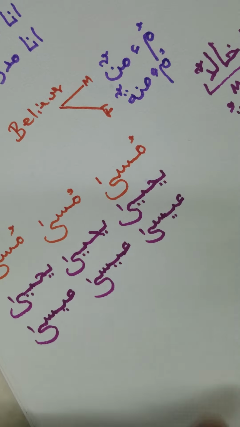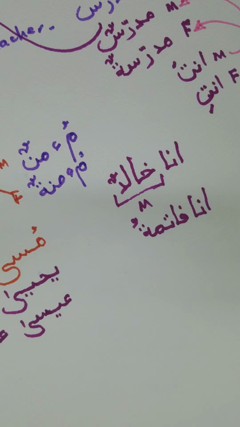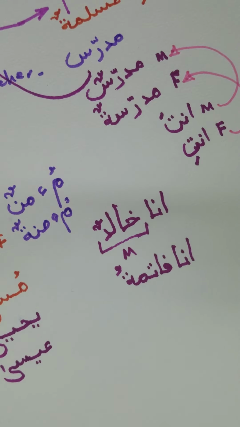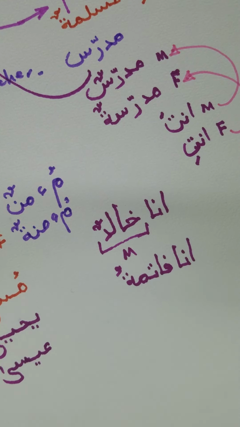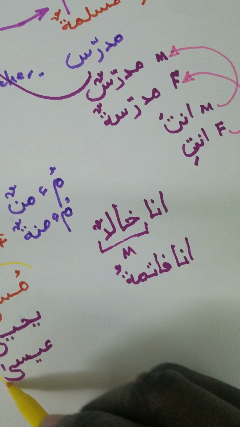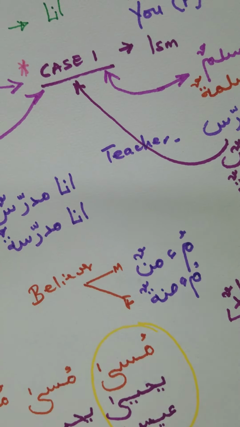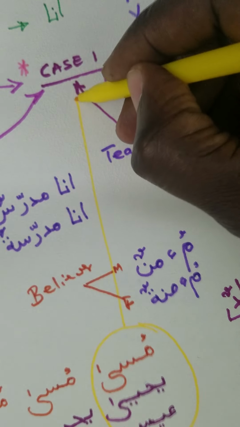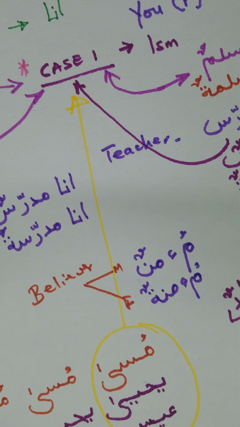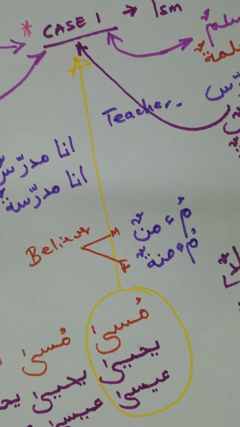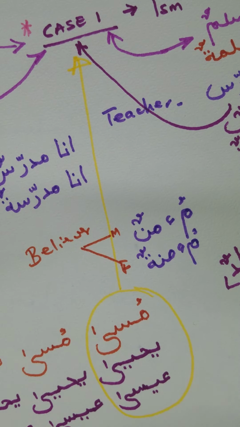So these names will not change much. They will all be the same. So this is case 1. If this person is imploring us to put the name in case 1, you choose this. This is what they refer to as case 1, that all isim will appear in case 1 unless otherwise told. For now, just have that in your head, okay?